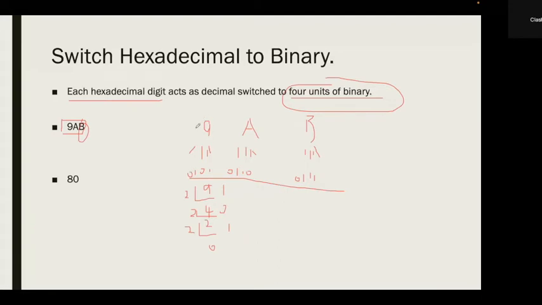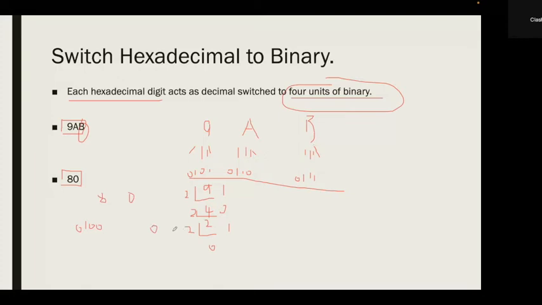So let's say we have a number like 80. So let's try it again with the number 80. If we switch 8 and 0 into binary numbers, 8, I'm going to write it, is equal to 100. So as before, in order to make it into 4 units of binary, we add a 0 to the left. 0 in binary is also just 0.